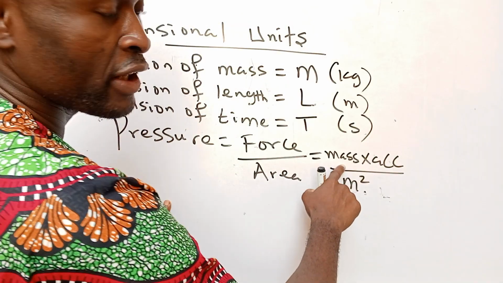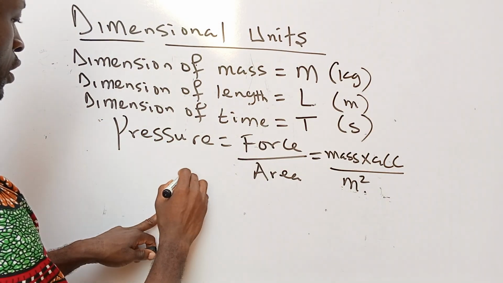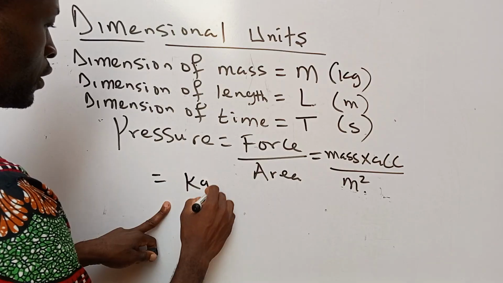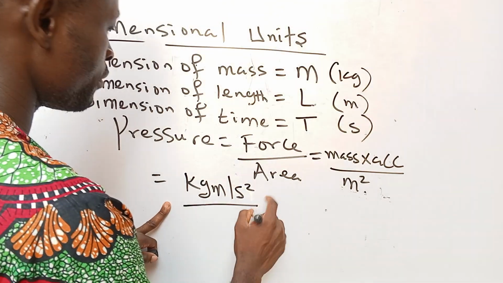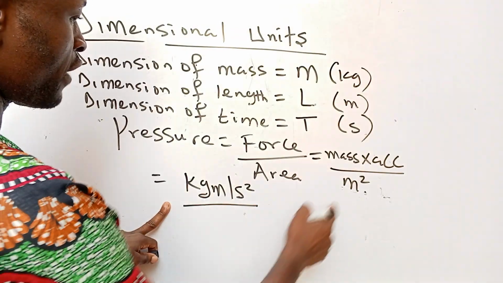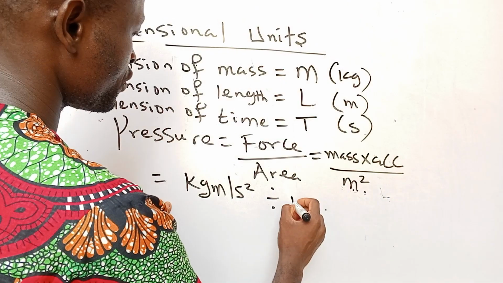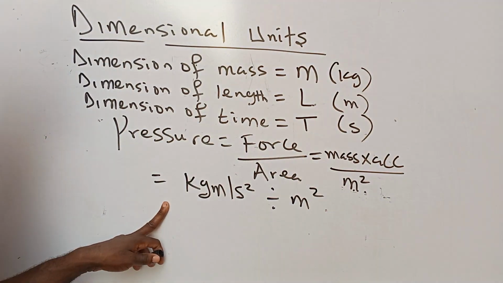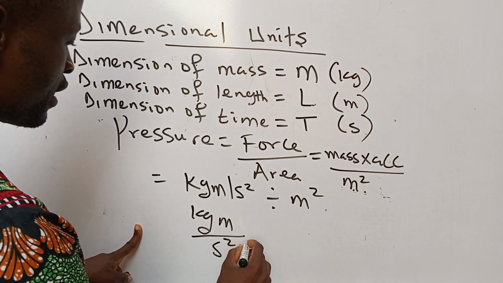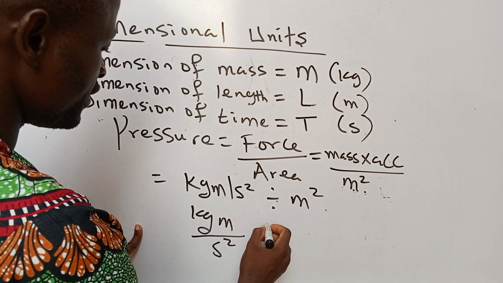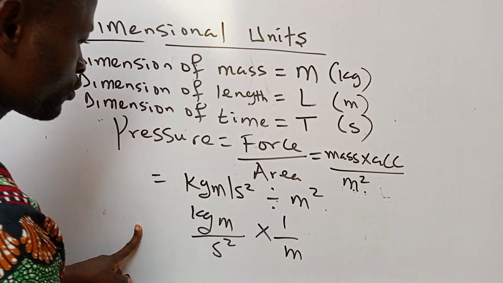The unit of force will be kilogram meter per second square, divided by meter square, which is the unit of area. How do we handle this? We flip and multiply, so we have 1 divided by meter square.